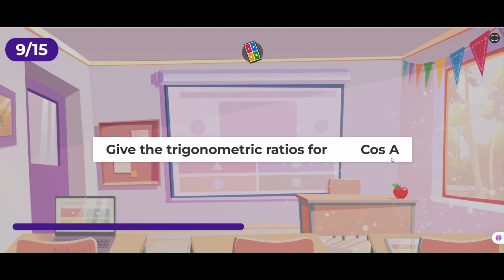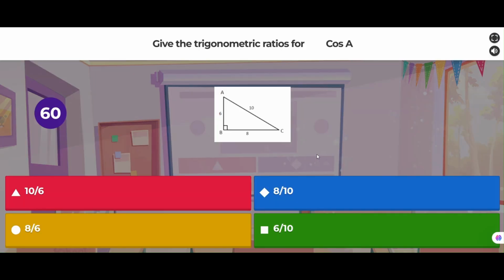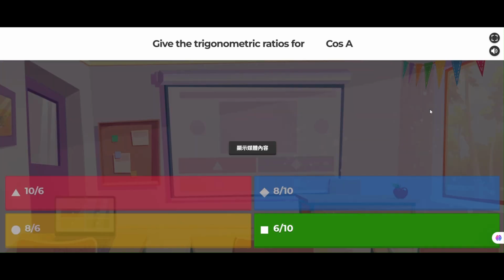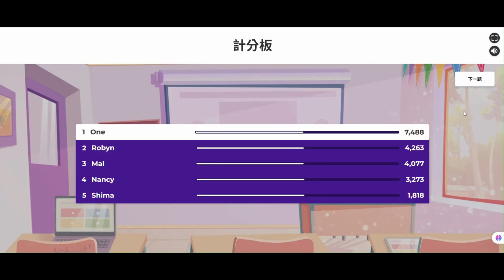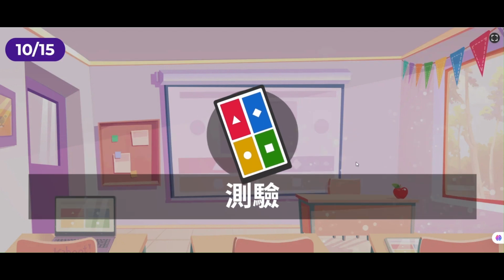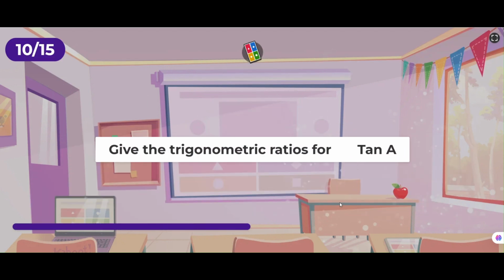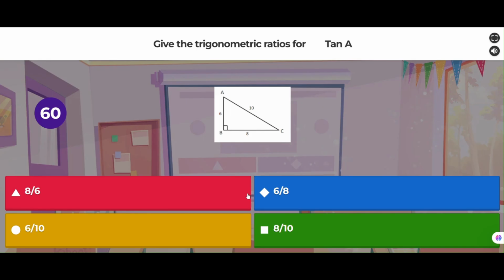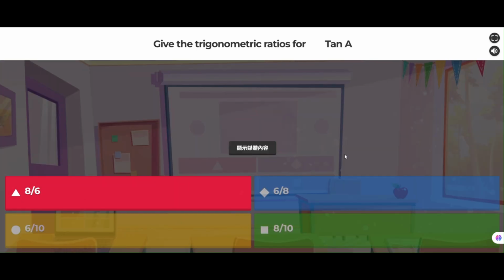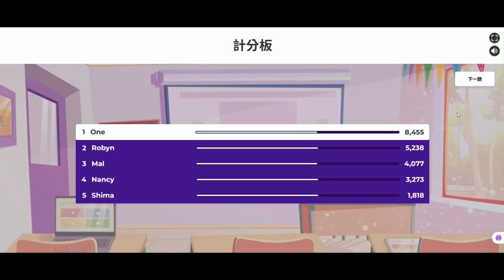Then cosine A is adjacent side over hypotenuse, 6 over 10. Then tangent A. A is here, so it's 8 over 6.